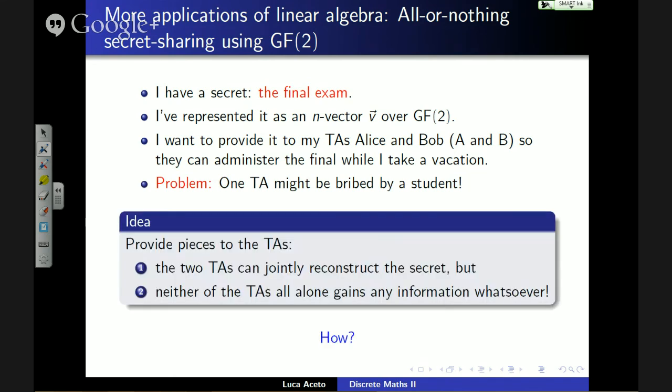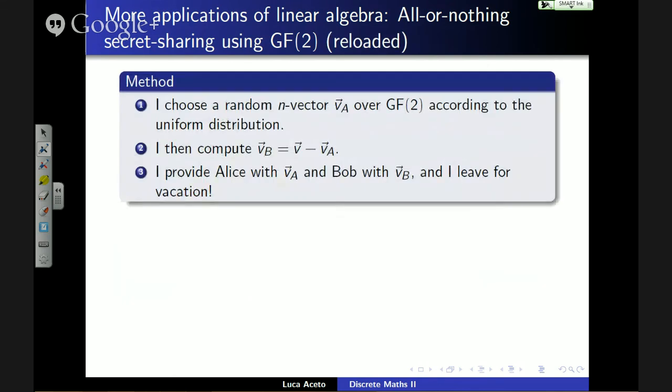Okay, so how do I do it? I choose a random vector of bits. And then I take the vector for the exam, and I give that random vector to Ertla. And to Ragnar, I give the exam minus the random vector.